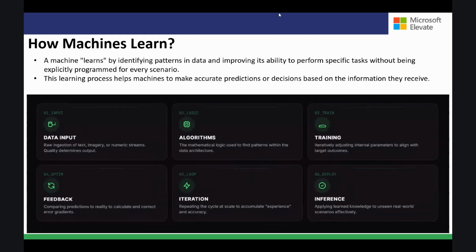The machine learns by identifying patterns in data and improving its ability to perform specific tasks without being explicitly programmed for every scenario, as I told you. There are different types of machine learning, but broadly, how a machine learns is that it basically understands the patterns.